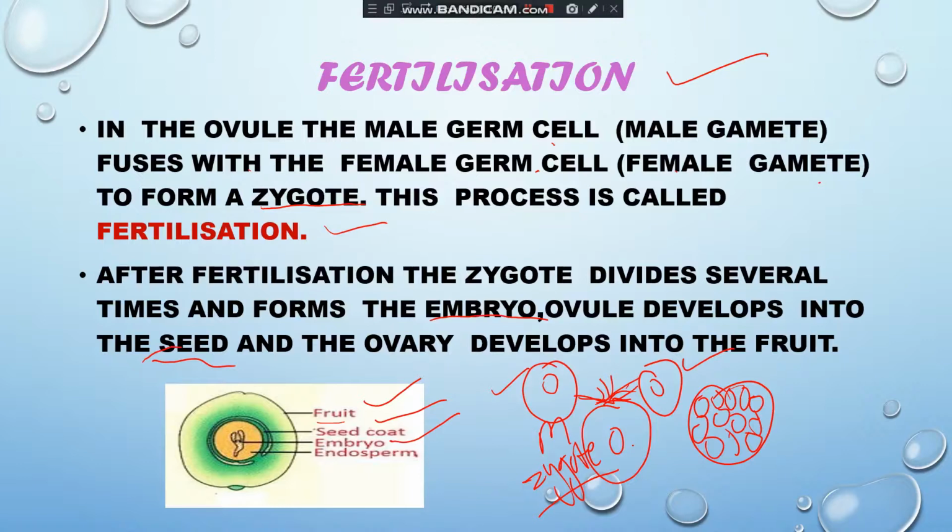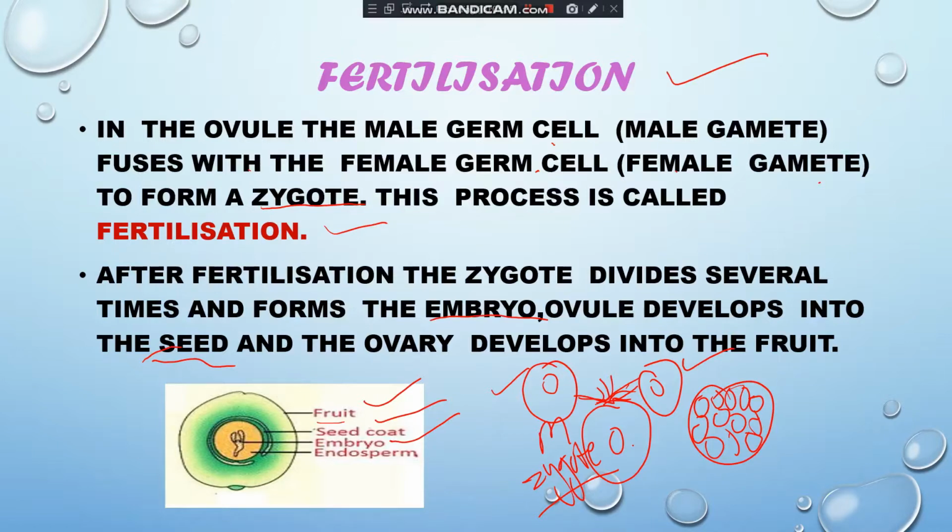Pollination is of two types, self-pollination and cross-pollination. If the pollen transfers from anther to the stigma of the same flower, it is called self-pollination. If the pollen transfers from anther to the stigma of another flower, it is called cross-pollination.